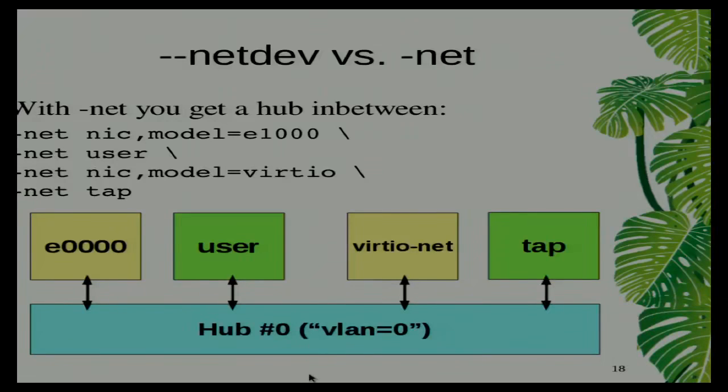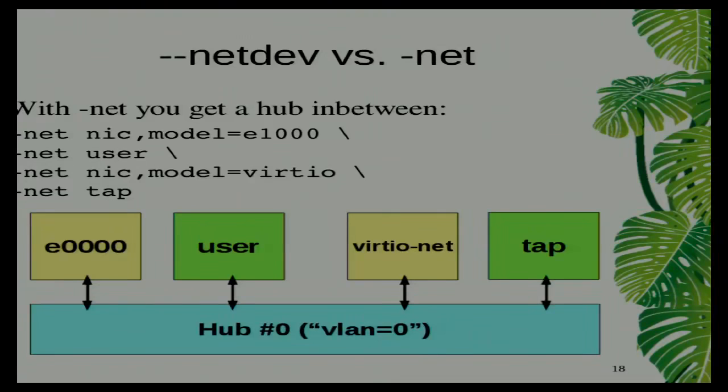If you wanted to set something like this up, you did want to mirror the traffic to monitor it or something, can you achieve that using netdev as well, or do you have to if you want that hub thing? Yes, there's also a way to connect netdev to a QEMU hub. Oh, sorry.